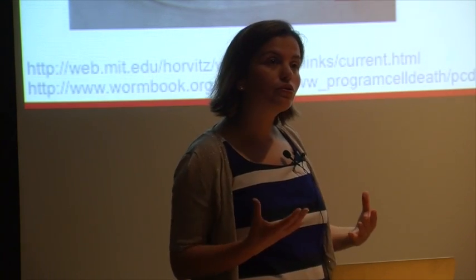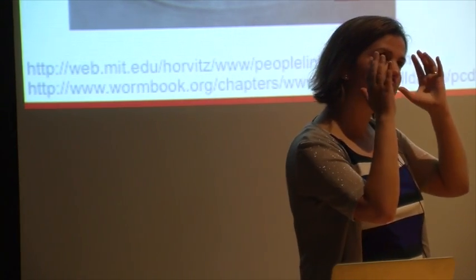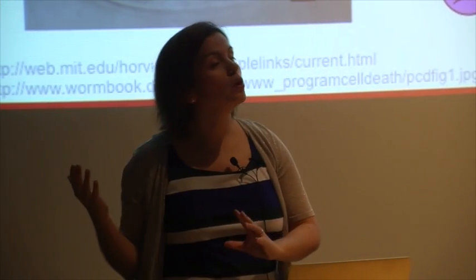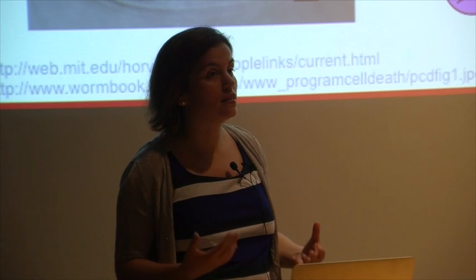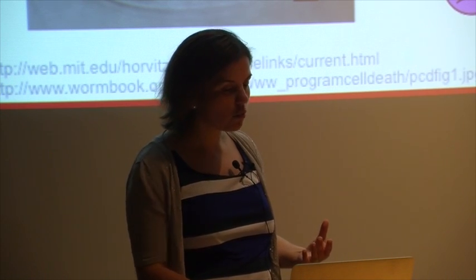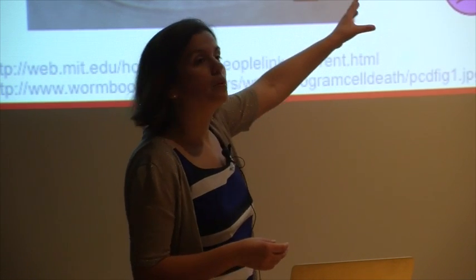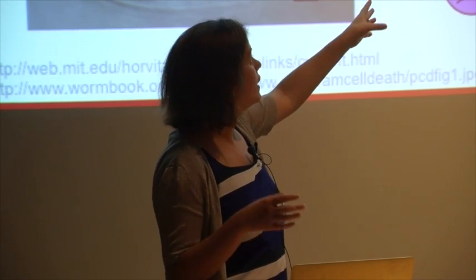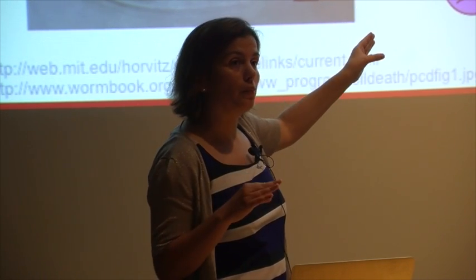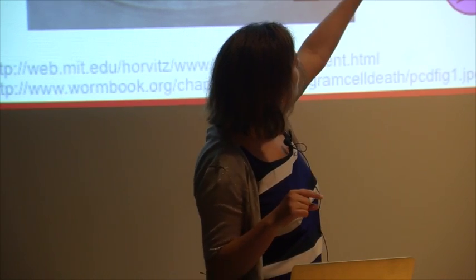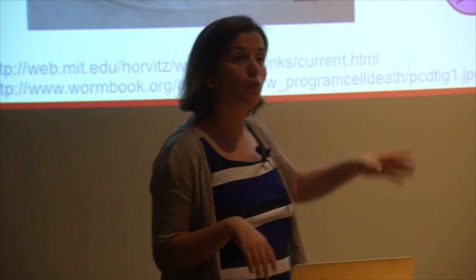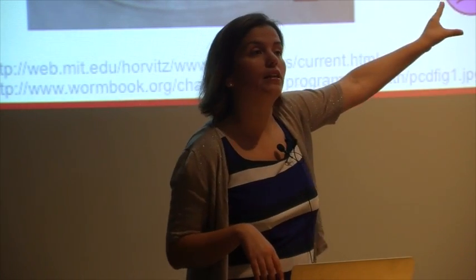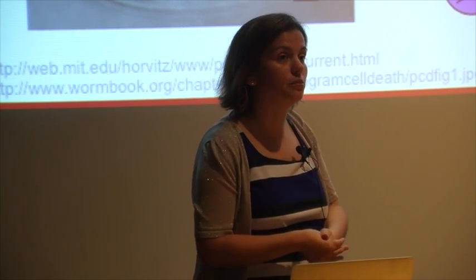How do you transform that basic, fundamental discovery into what we know today about cell death and why cell death is important? Well, we know that in mammals, and even in humans, the mechanism of cell death is a little more complex, but I have color coded here the genes that work in the worm that work exactly the same way in mammals and even in your human genome.